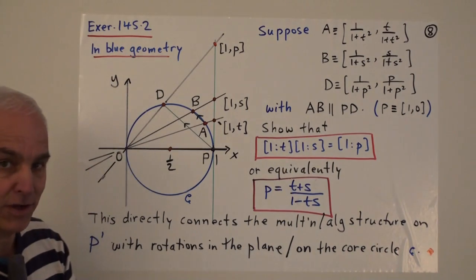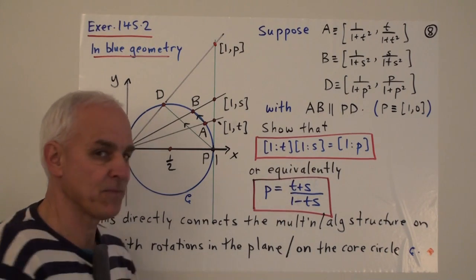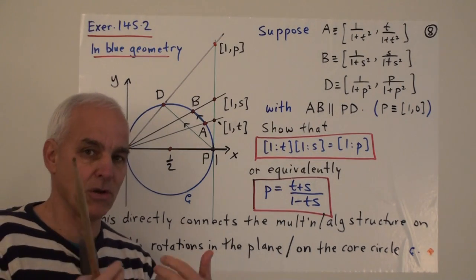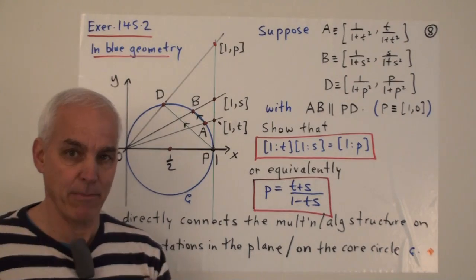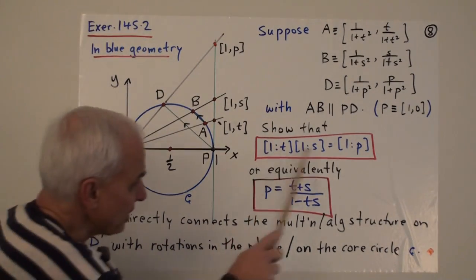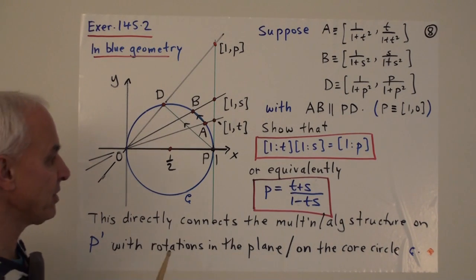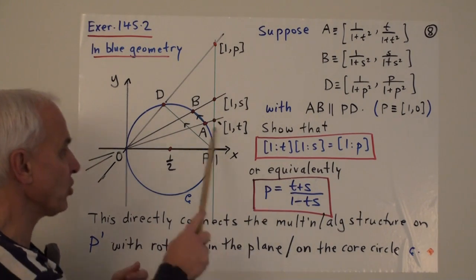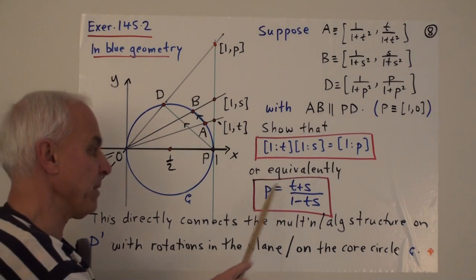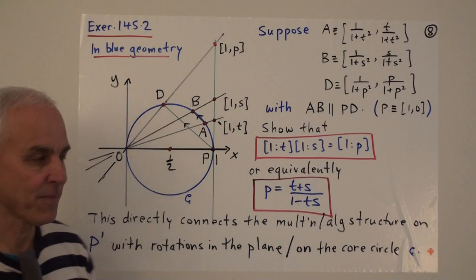That's the first entry. And then the second entry is this times this plus this times this. So it's just the one-dimensional or projective version of complex number multiplication. And that this arrangement between t, s, and p is equivalent to this formula for p in terms of t and s. Namely, p equals (t plus s) over (1 minus ts).